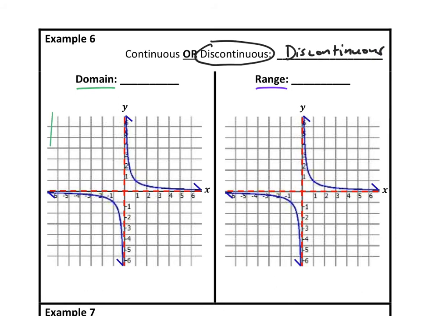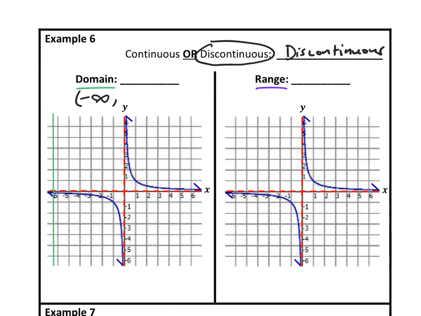So domain, let's put it vertical. And for domain, we're going from left to right. How far to the left? Well, there's an arrow, so that means towards negative infinity. I'm going to write that on the bottom so I have space. So negative infinity.